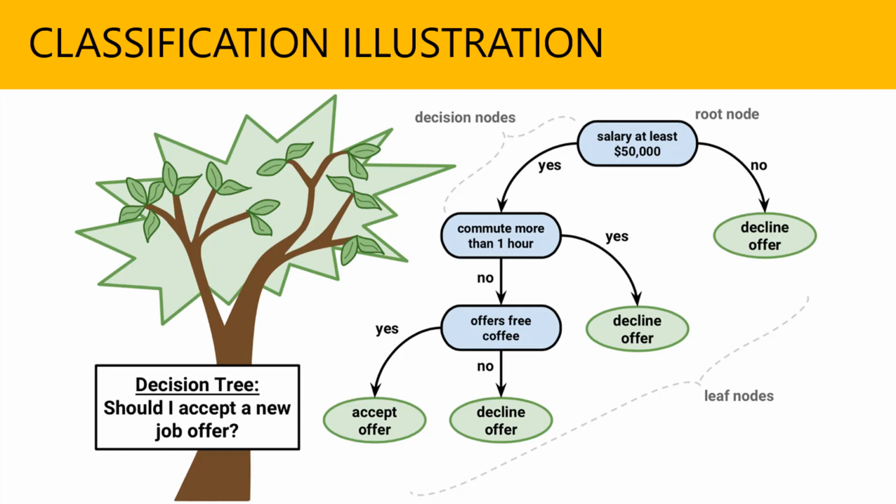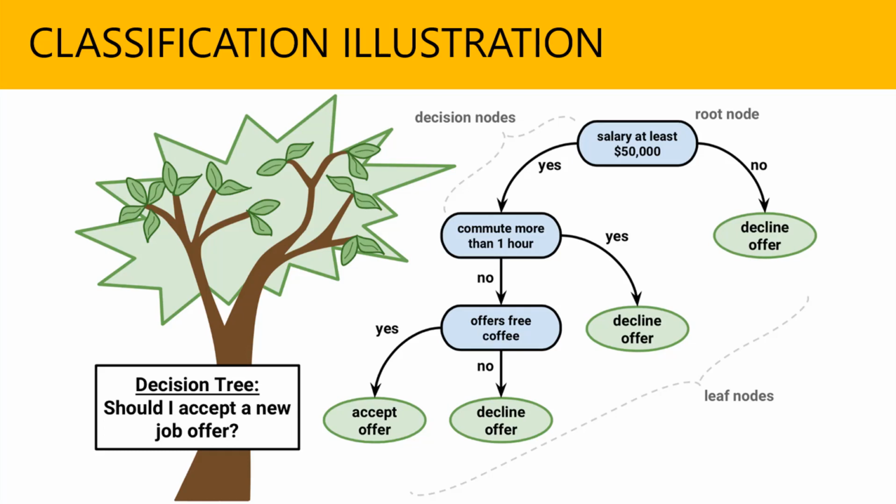If yes, the next decision node is, is the commute more than 1 hour? If yes, then I'm going to decline the offer. So here's the termination endpoint. If, starting from the top again, the salary is at least 50,000 and the answer is no, I'm going to decline the offer right off the bat, because that's it.